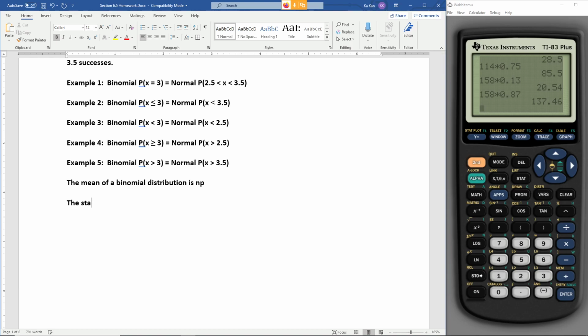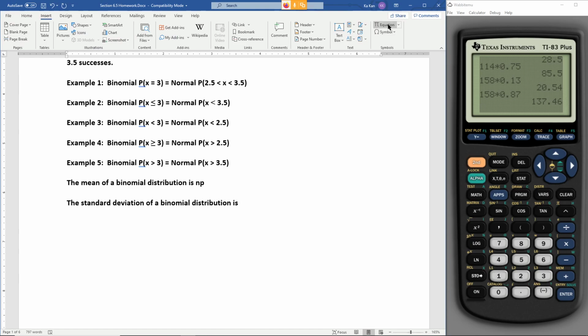The standard deviation of a binomial distribution is, this one's a little bit tricky, so let me get this formula going.